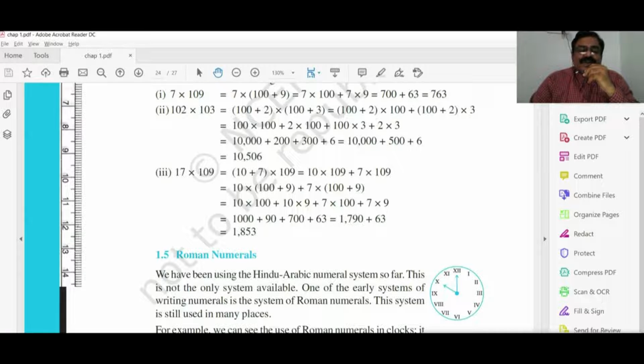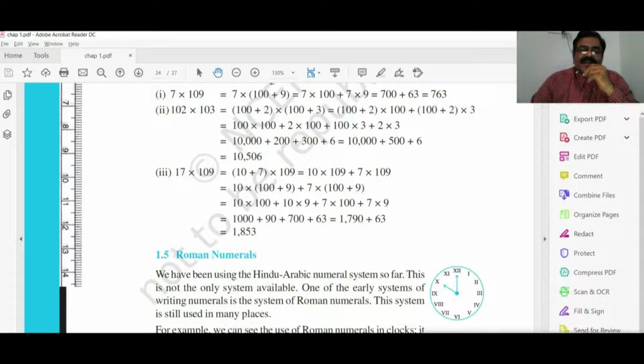Next step will be 10 into 100 plus 10 into 9 plus 7 into 100 plus 7 into 9, which is equal to 1000 plus 90 plus 700 plus 63, which is 1790 plus 63.